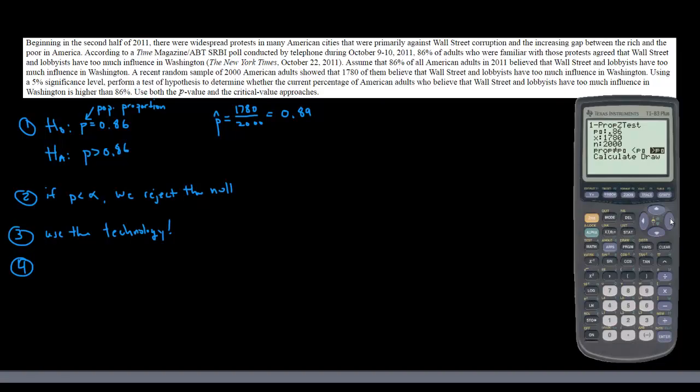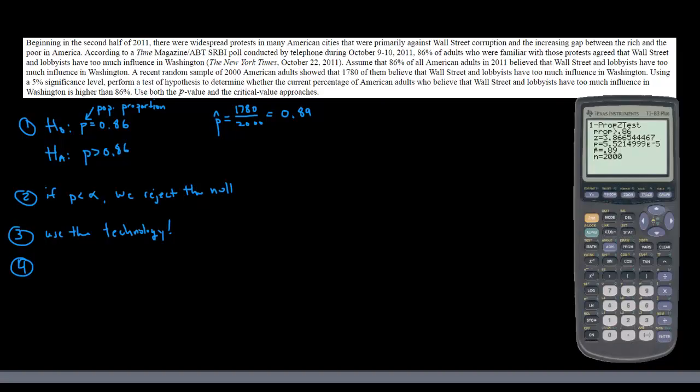But we want a right tail test because the second to last sentence says to see if the percent is greater than 86. So that indicates we have a right tail test. So we pick this option right here. Okay. And then we can always either hit calculate or draw. I'll do calculate first. Now, I haven't shown you guys draw, so I'll come back and I'll show you draw. Hit calculate and see what it says.